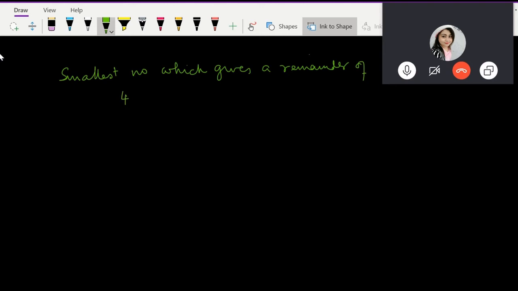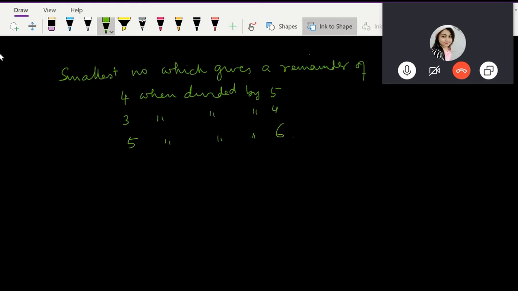So this is the way that you can use the concept of negative remainder, and I'll show you one more very easy problem that comes in many competitive exams where you need this concept. So tell me the smallest number which gives a remainder of 4 when divided by 5, 3 when divided by 4, and 5 when divided by 6.